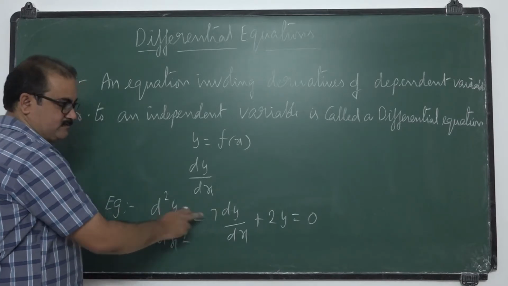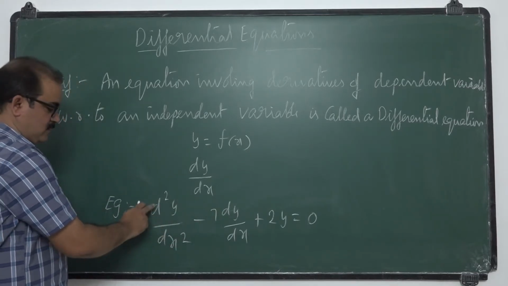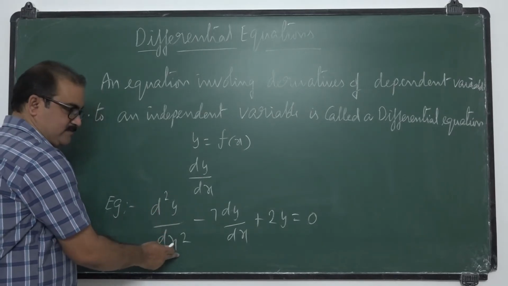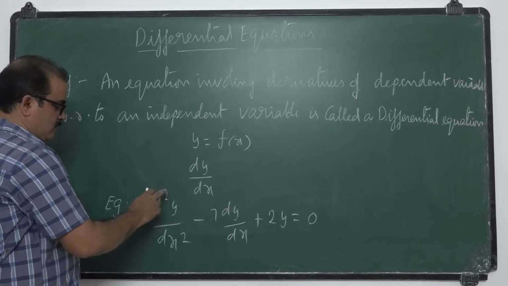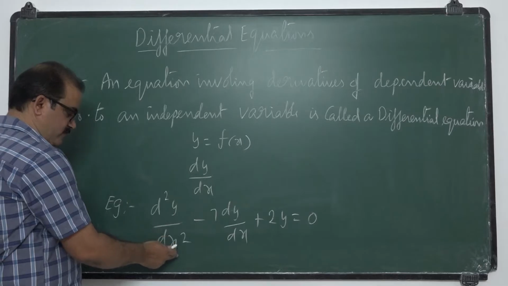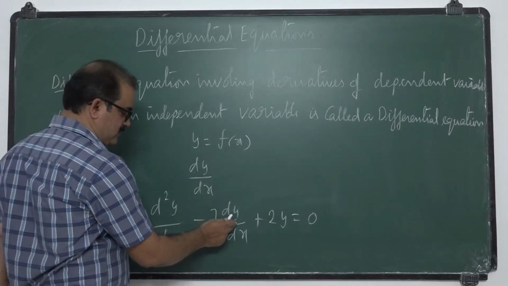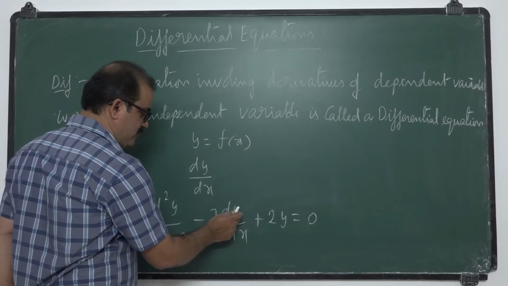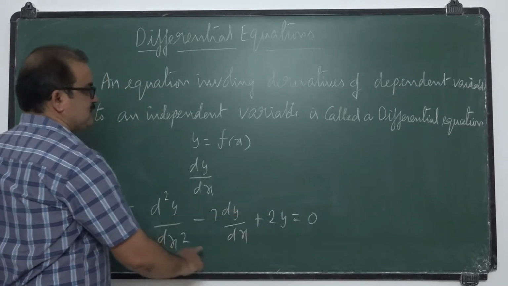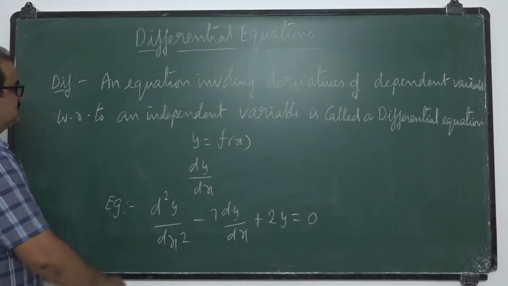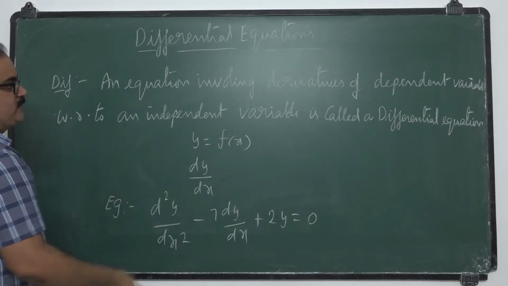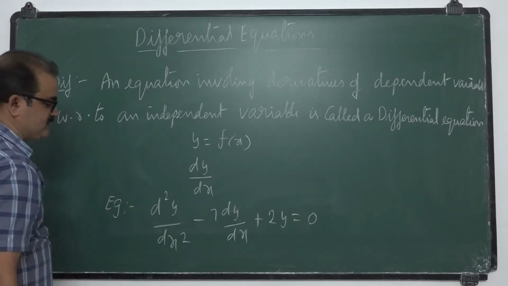In each term, the derivatives are the derivatives of y with respect to x. In the first term, it is the second derivative of y with respect to x. In the second term, it is the first derivative of y with respect to x. Such types of equations are called differential equations. Simply, an equation involving derivatives is called a differential equation.